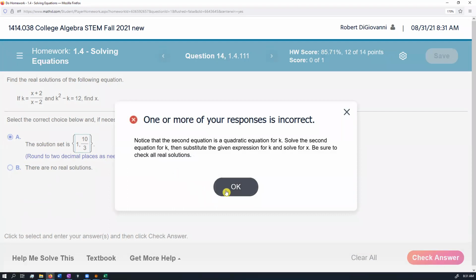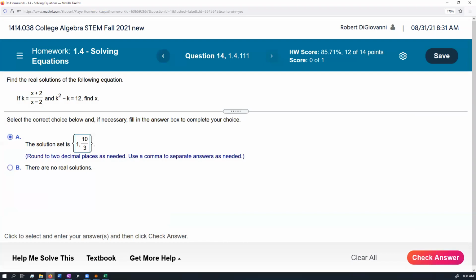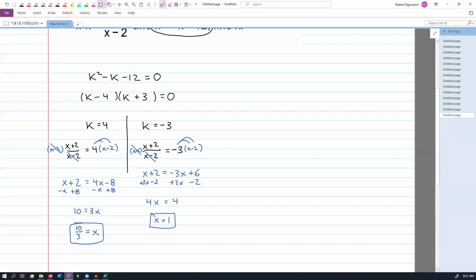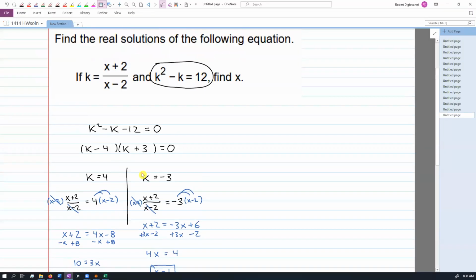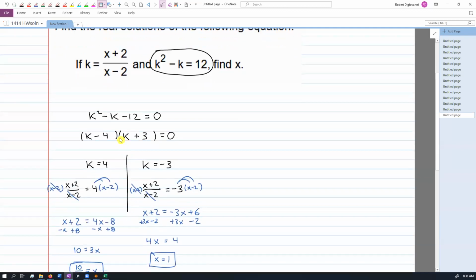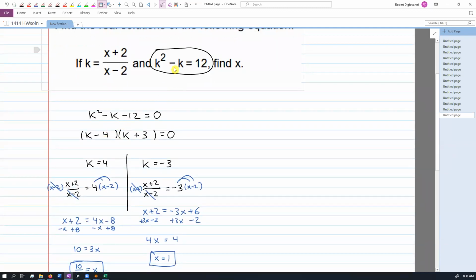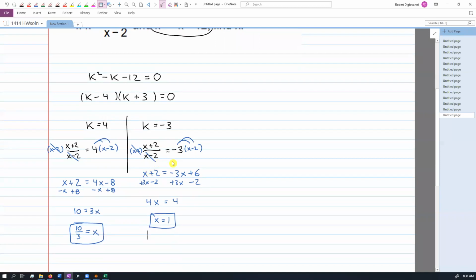What the heck happened? Did I mess something up here? Okay, let me just double check this. Okay, that's a minus there, brought that 12, 4, 4, 3, negative 3. Okay, negative 3x plus 6, x minus 2. Okay, I think that looks okay.